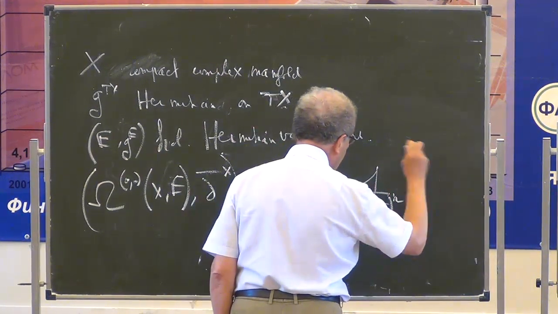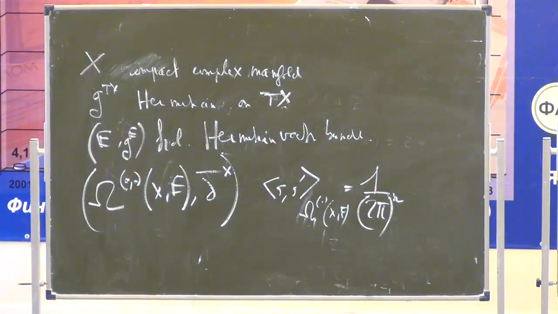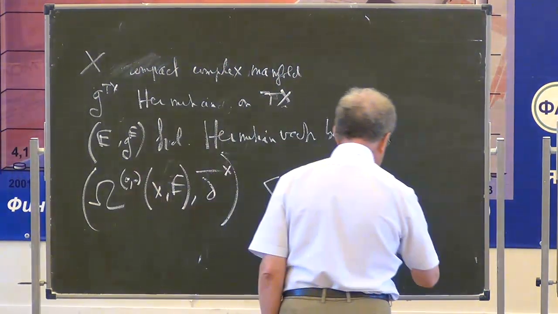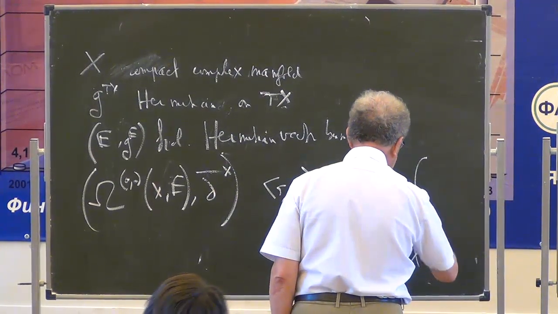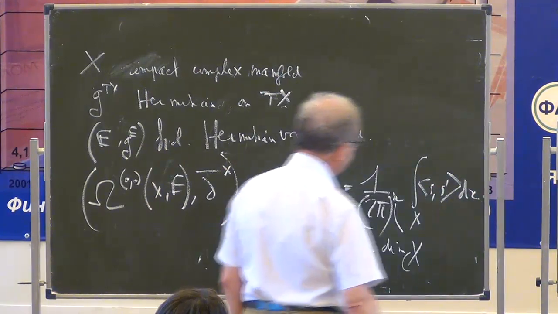The normalization actually will not appear in what I will say, but anyway: 1 over (2π)^n, where n is the dimension over C of X, integral over X of ⟨s, s'⟩ dx.